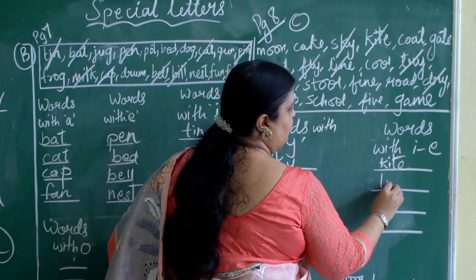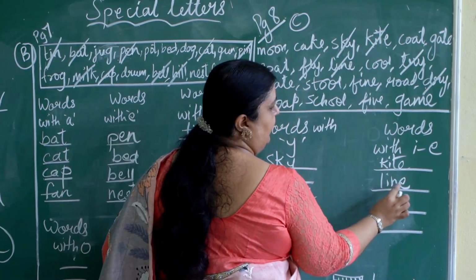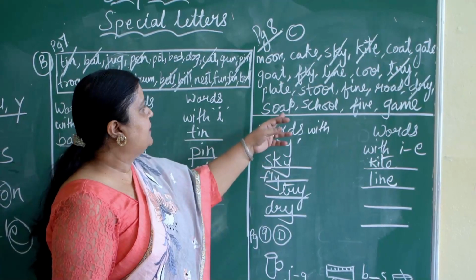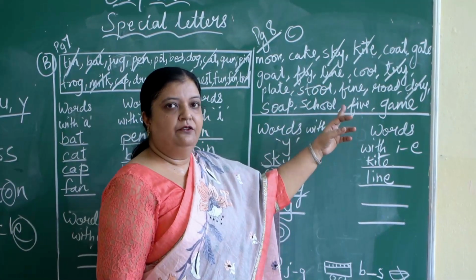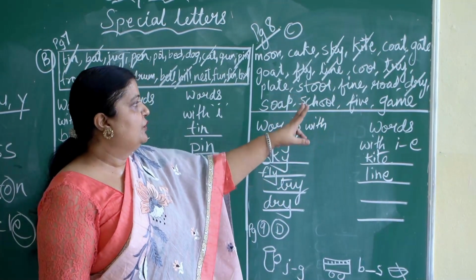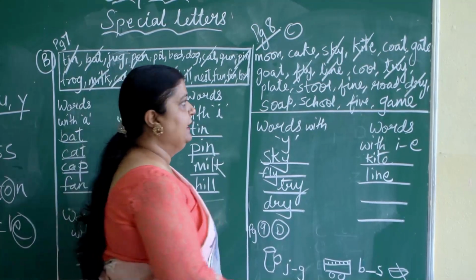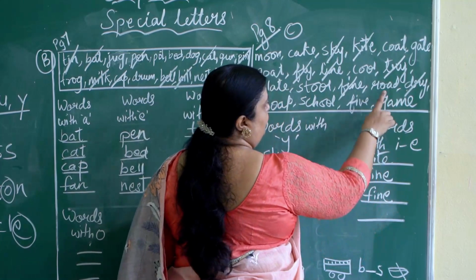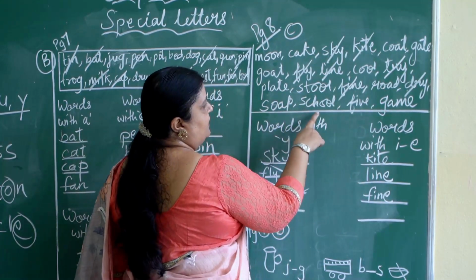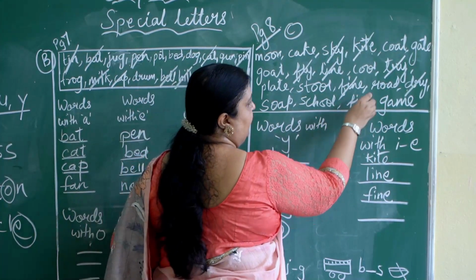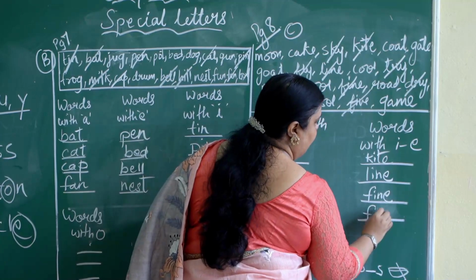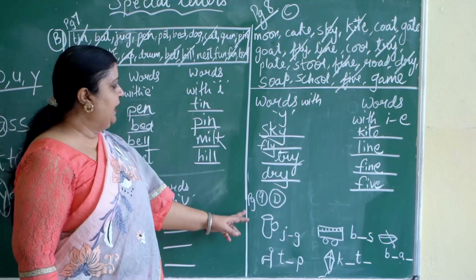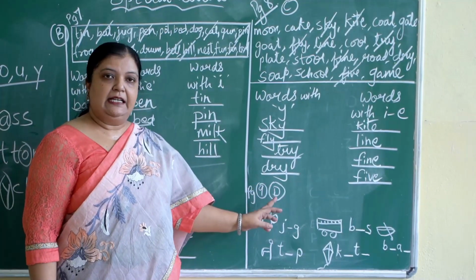Again with the 2 special letters I and E. Then cool, plate, stool, fine. Fine again has those 2 special letters I and E. Then road, soap, school and five. F-I-V-E. Now we will switch on to page number 9 with D exercise.